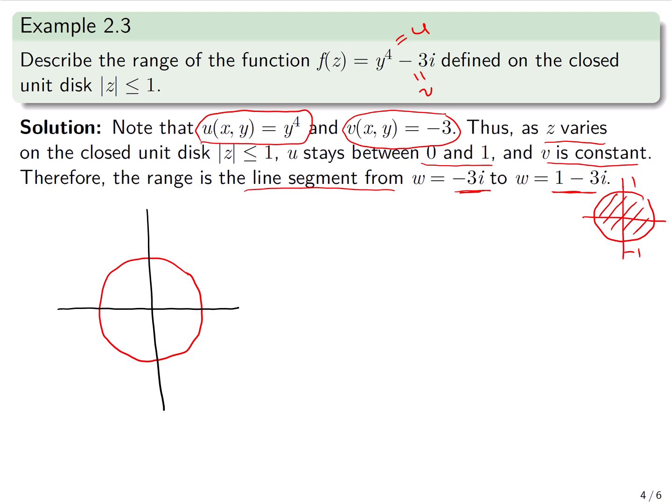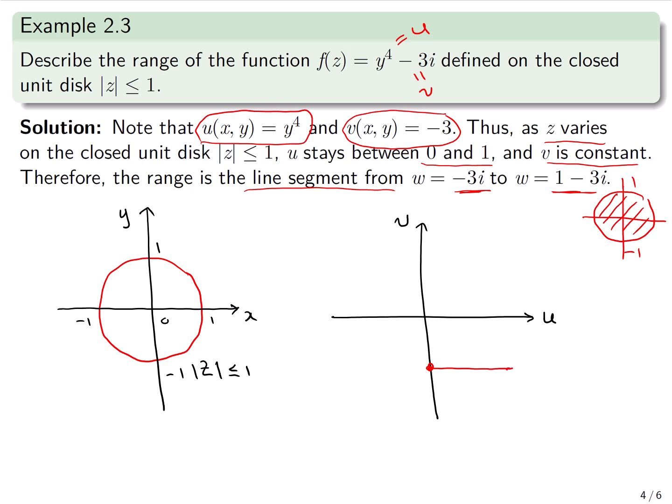So we have the unit disk, which is the absolute value of z less than or equal to 1. We have 1, -1 on the x values and 1, -1 on the y values, and y ranges between -1 and 1. It's going to map to this one. It starts at -3i and goes to 1 plus -3i.